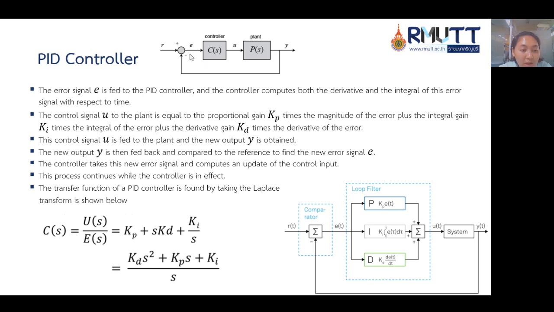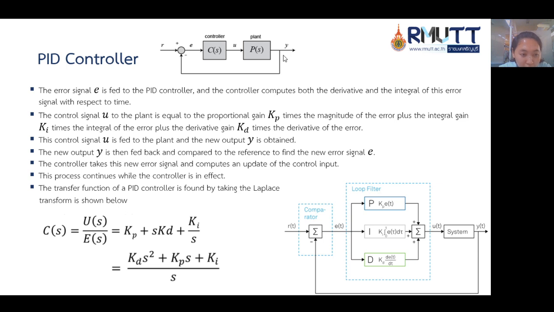The control signal U to the plant is equal to the proportional gain times the magnitude of the error, plus the integral gain times the integral of the error, plus the derivative gain times the derivative of the error. This control signal U is fed to the plant and the new output is obtained.